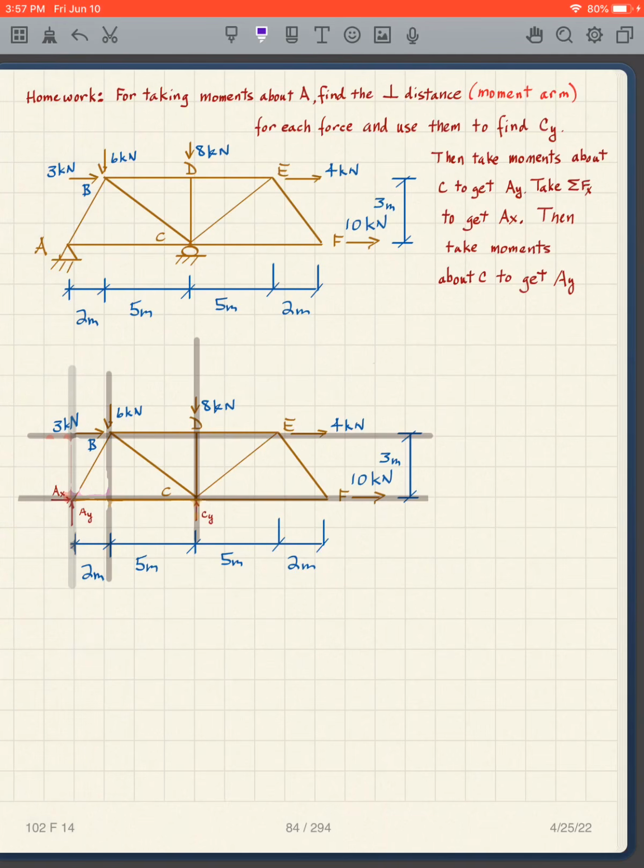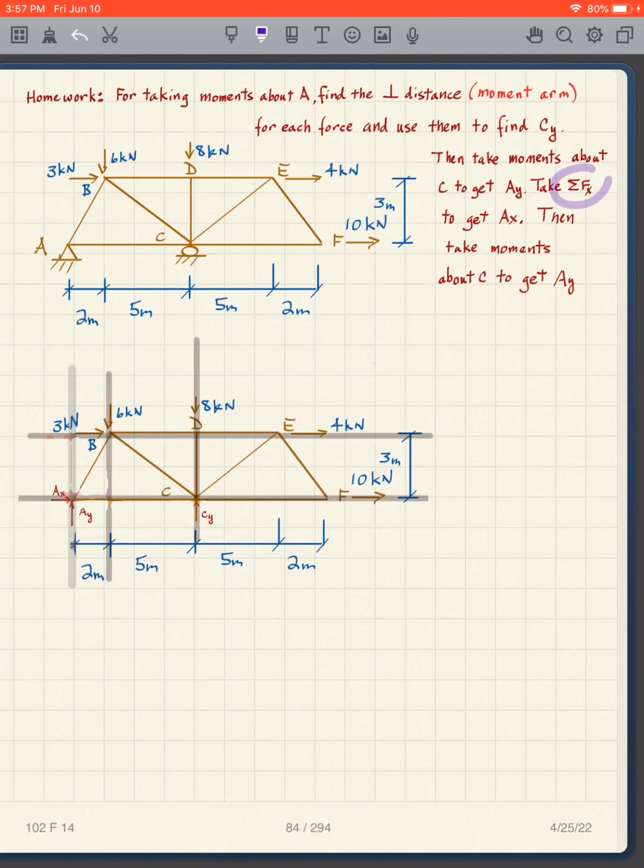Okay, so here's your homework. For taking moments about point A, get the moment arm, find the perpendicular distance, which is the moment arm, and do it for each force. Find CY. And then take moments about C to get AY.